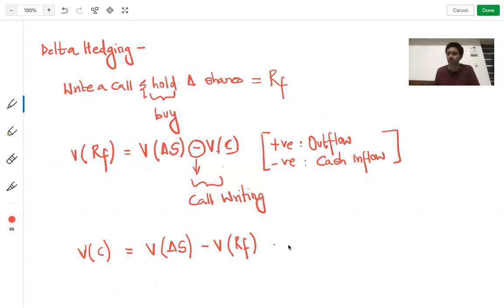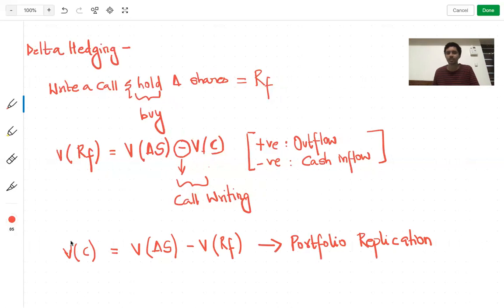If you actually look at this, this is nothing but the portfolio replication approach. How? A call option, we saw that it was nothing but buying delta shares financed by borrowing a sum of money, right?